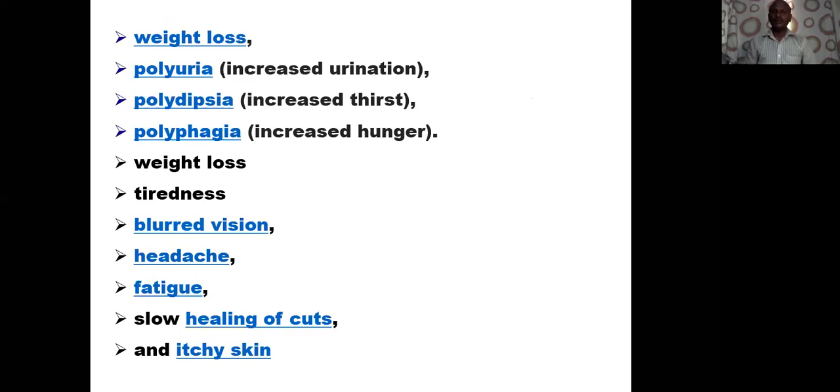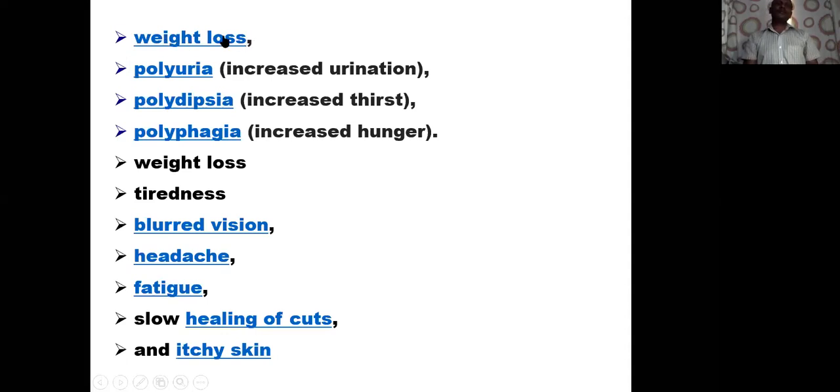And then, what are the complications with diabetes? The signs and symptoms: weight loss will be there. In diabetes mellitus there is increased loss of glucose, because you have higher plasma levels of glucose, which are transported to the kidneys, and the kidneys excrete the glucose.